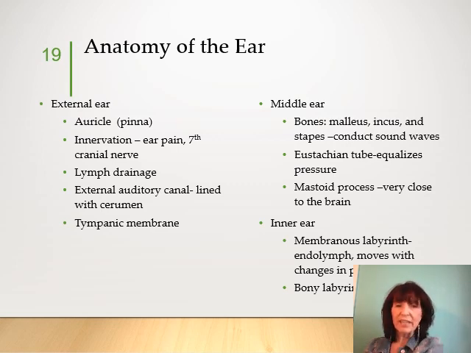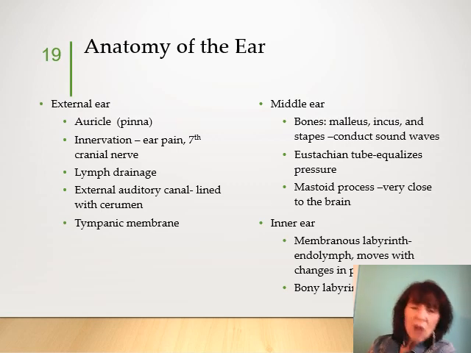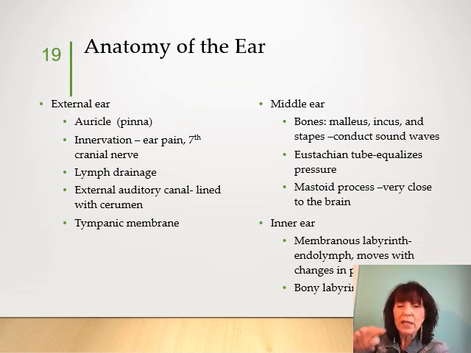All right, the inner ear has the membranous labyrinth, and a labyrinth is not like a maze. If we were in real life, I'd bring in my labyrinth. It is just a pathway that goes one way in and one way out. It's not like a maze where you can get trapped. It's more like a snail with a curl.